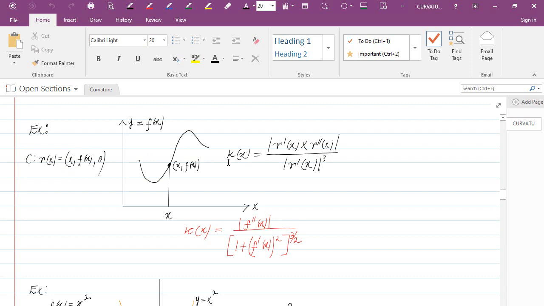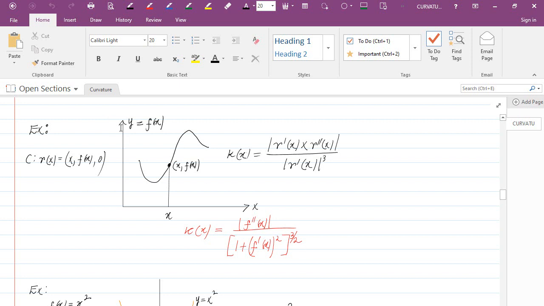So we know that the curvature at x would be the length of r prime of x cross r double prime of x divided by the length of r prime of x cubed. If we compute this ratio, what you're going to find is that the curvature at x is equal to the absolute value of f double prime of x divided by 1 plus f prime of x squared, to the power 3/2.